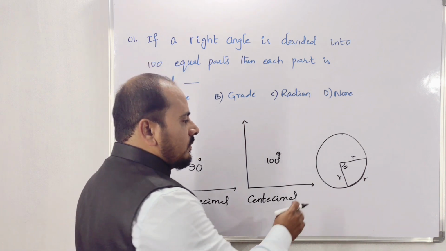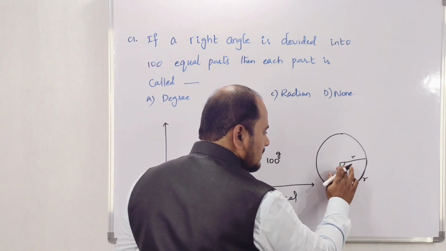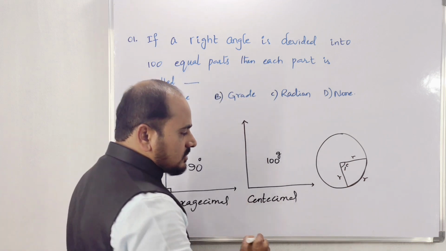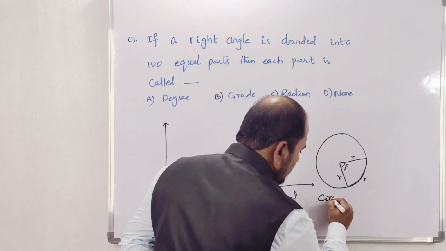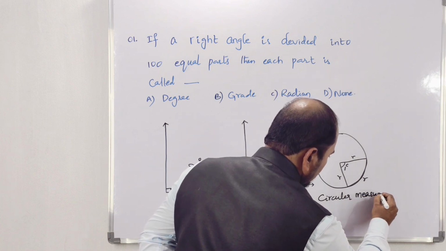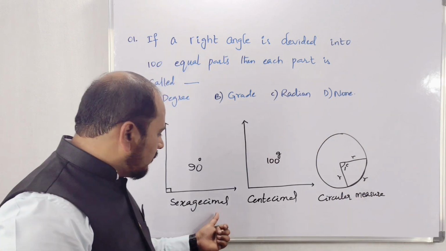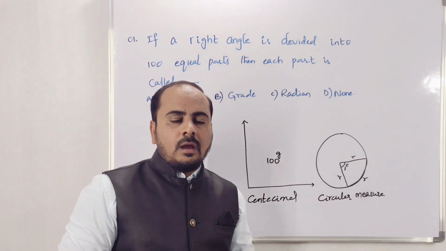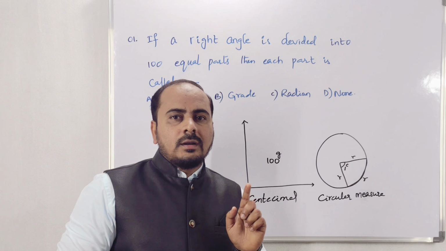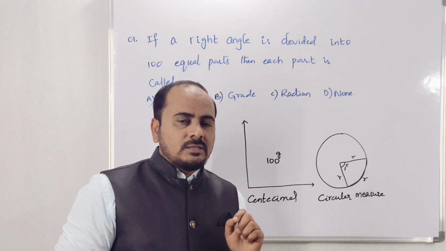In that case we can say that this angle is 1 radian, 1 power c. This is called the circular measure. If you want to know full detail about these systems, I have already uploaded one video. That link will be given in the description. So you can watch it.